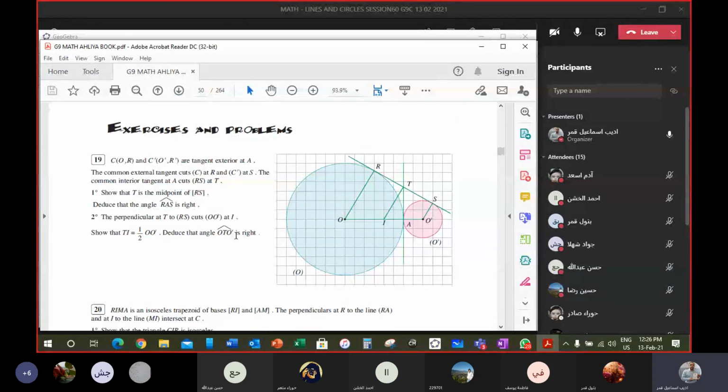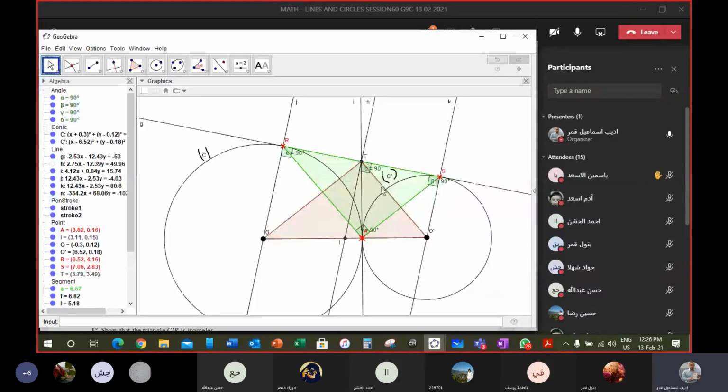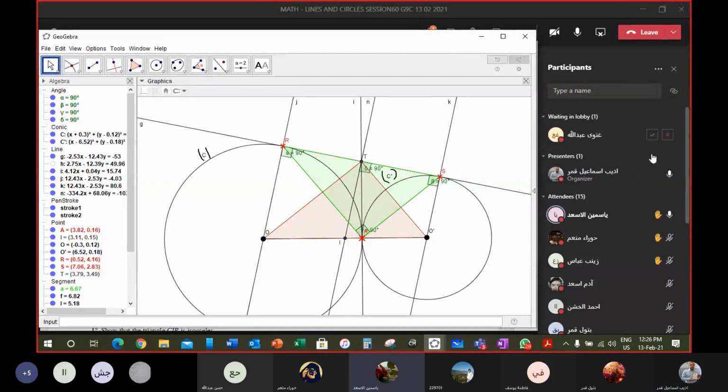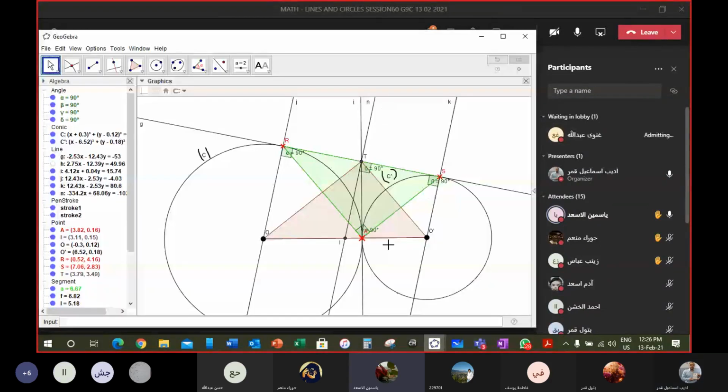Deduce that triangle OTO prime is right. مين بيقول لي هلا كيف هيدا صار right? Deduce that OTO prime is a right triangle. Yasmin? In triangle OTO prime, I is the midpoint of OO prime.